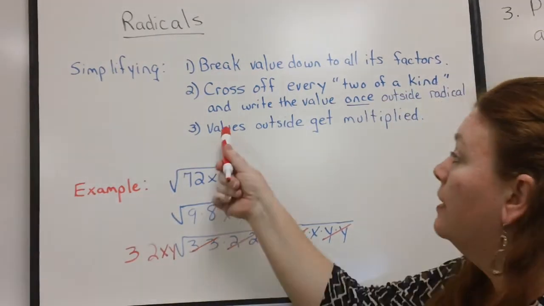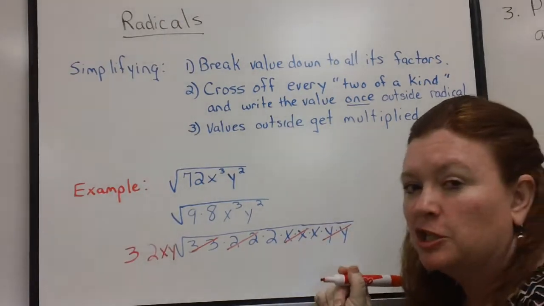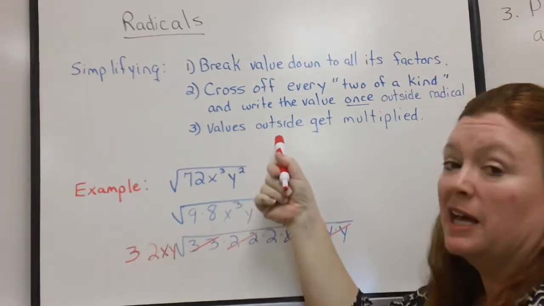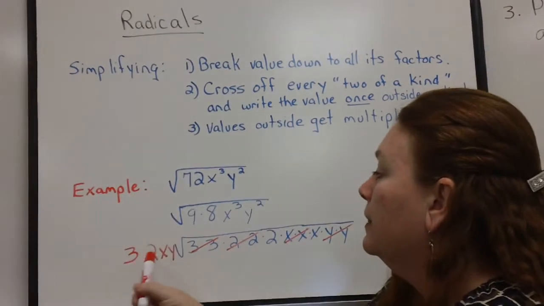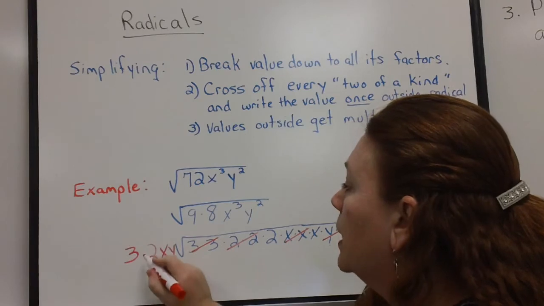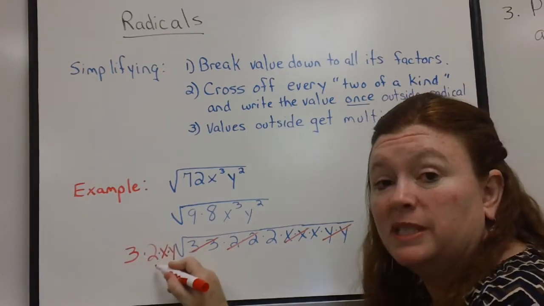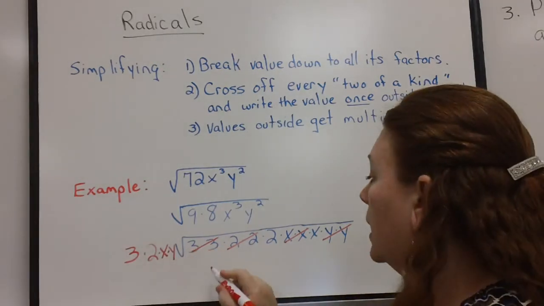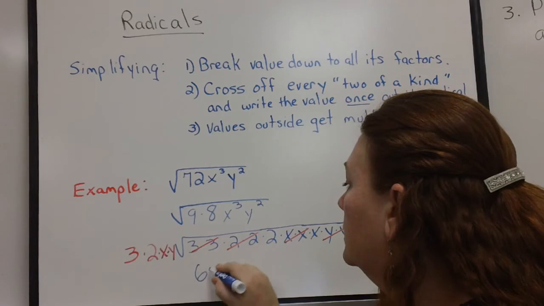Step 3 says, values outside get multiplied. Actually, that should probably say values outside and inside. We'll get to that in a moment. These values, the 3, 2, x, and y, are all going to get multiplied. So 3 times 2 is 6, times x times y is 6xy.